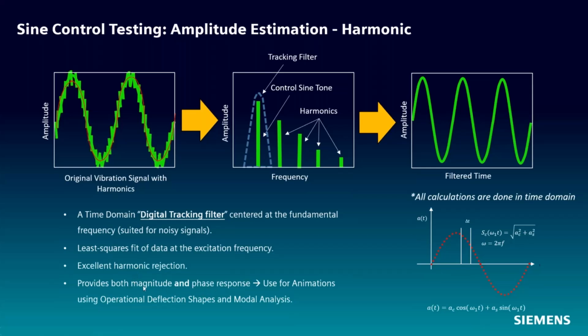We also get magnitude and phase, but this is also our least conservative test. And I should define conservative. When we're talking about conservative in this sense, I'm talking about protecting the test article the most. Harmonic is going to give you your least conservative test, meaning that the drive voltages are going to be the highest for that. We'll take a look at some data and we can see exactly what we mean by that.